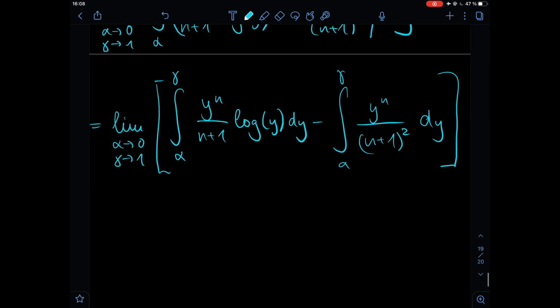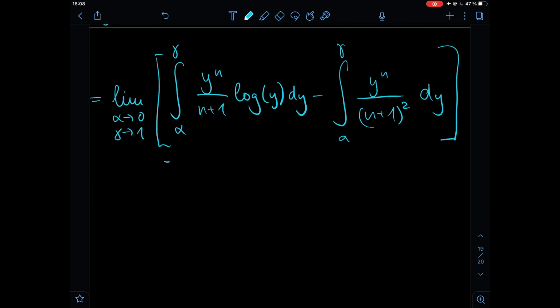So let's have a look at those integrals separately. First integral, this one, once again, we will have to apply integrating by parts, but this is fairly easy.